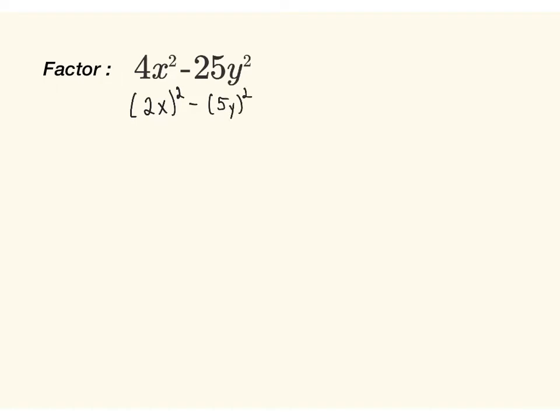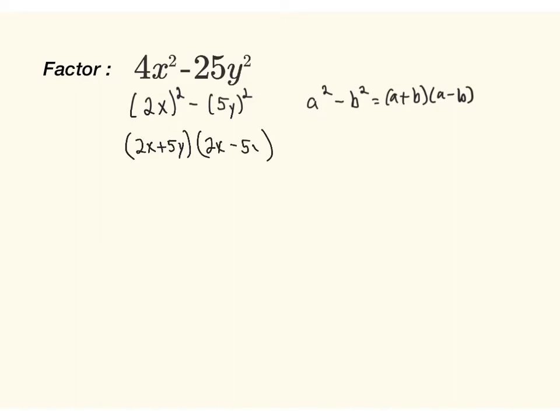So now if we go back then to the pattern, that a squared minus b squared is a plus b and a minus b, then we simply complete the pattern by writing 2x plus 5y times 2x minus 5y. And if you want to check this, you can, but this is the pattern of how this will factor.